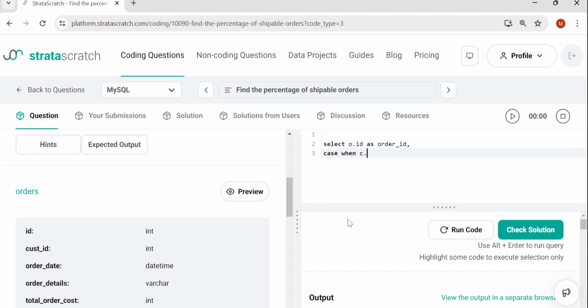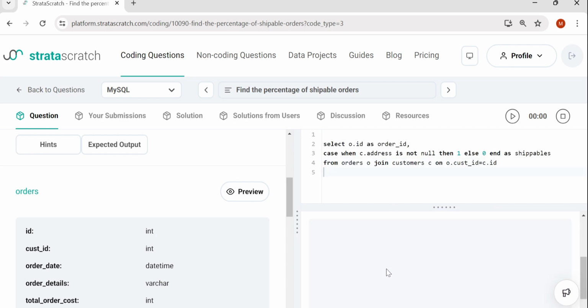I'm assigning the customers table as C, so C.address is not null, then I'm returning 1, else 0. Add an alias, shippables, from orders O join customers C on O.cust_id equals C.id, right? Now we will see what will happen.